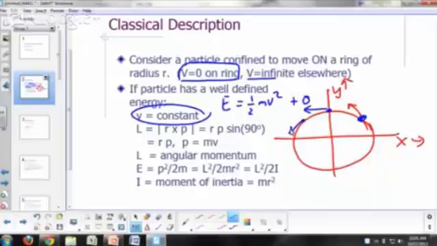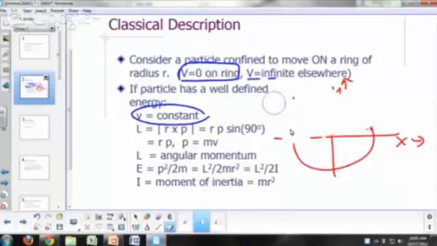All right. Now, whenever you're dealing with this type of system where you have some kind of circular motion, it's oftentimes more convenient to describe it in terms of what's called the angular momentum instead of the linear momentum. Okay, so the angular momentum is defined as, let me redraw this.